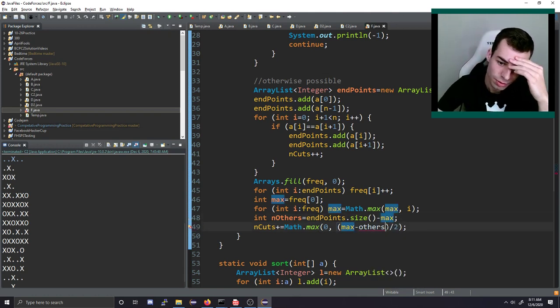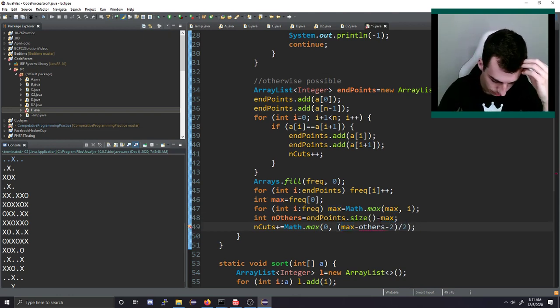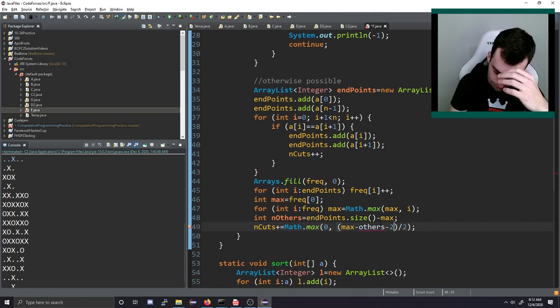Max minus others minus 2, because we get to skip 2 things. Over 2. Can it be odd? Can be odd. We can have 3, right? 1. Yeah.